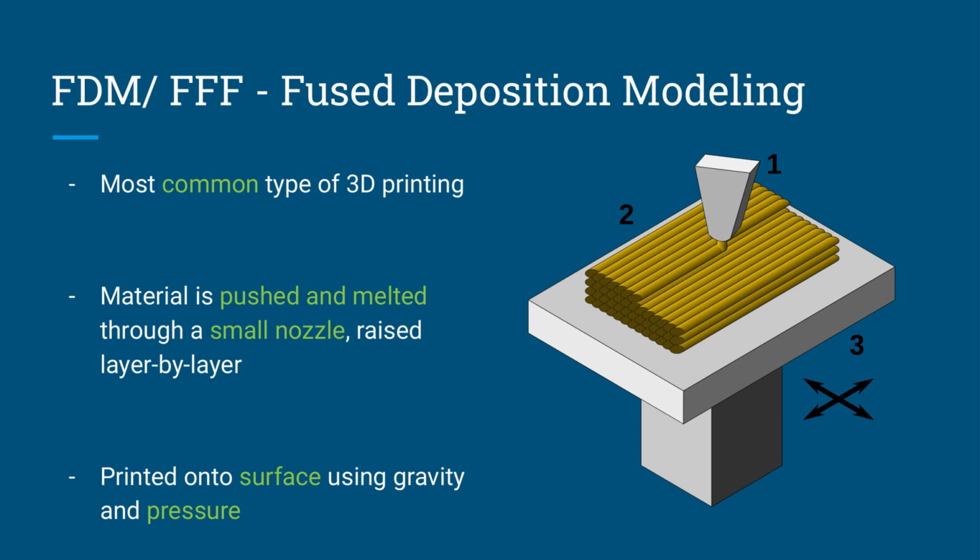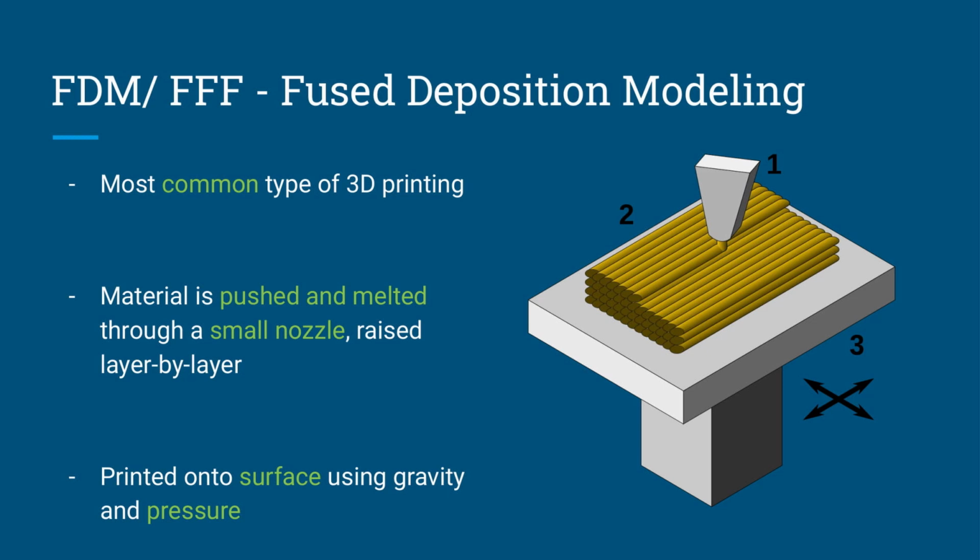So let's get started with learning about FDM or FFF 3D printing. As you learned before, it is the most common type of 3D printing. Material is pushed and melted through a very small nozzle and is raised layer by layer, creating our 3D model. It is printed onto a surface using gravity and pressure. On the right there, you can see a little diagram of FDM 3D printing.